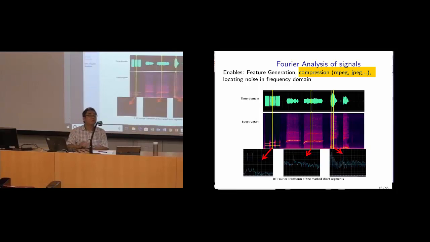Then I'm sending very little information for the signal of interest, and we can therefore do compression. Finally, sometimes there is noise, and then you can use Fourier analysis to say that, okay, there's a noise component here, let's remove it.